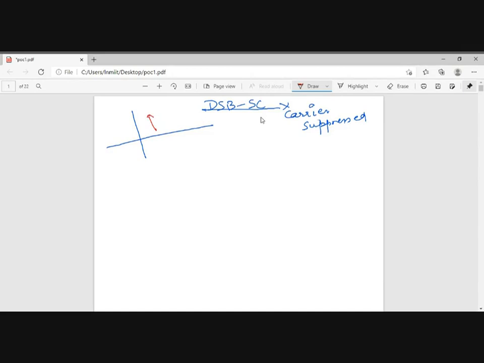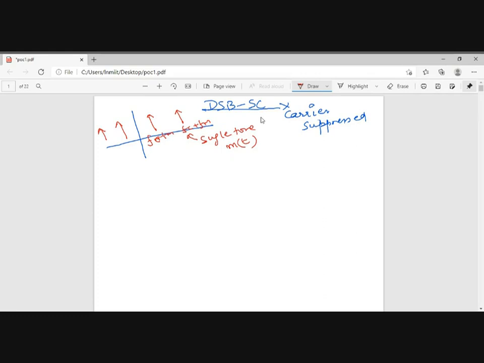If we are talking about single tone modulation, there will be two components, one at fc minus fm, and another at fc plus fm. It is obvious that there will be two on the negative frequency side also.